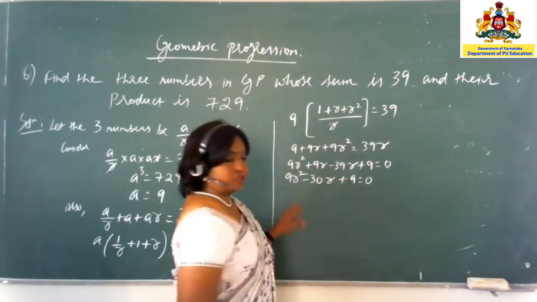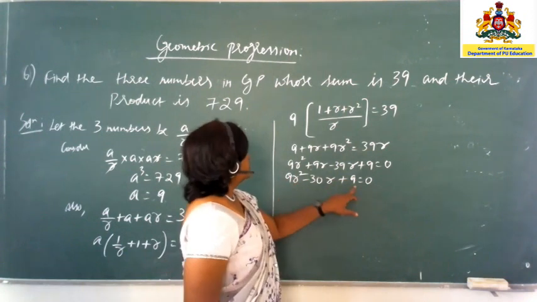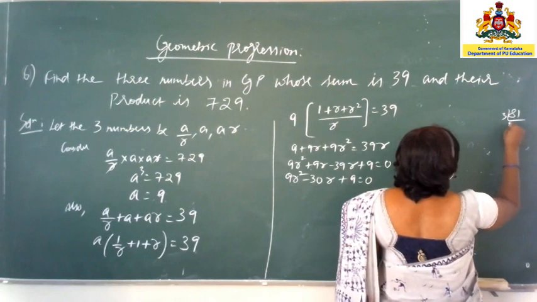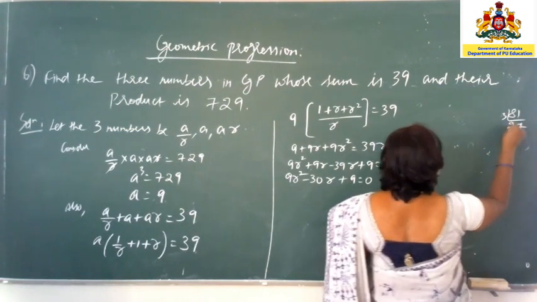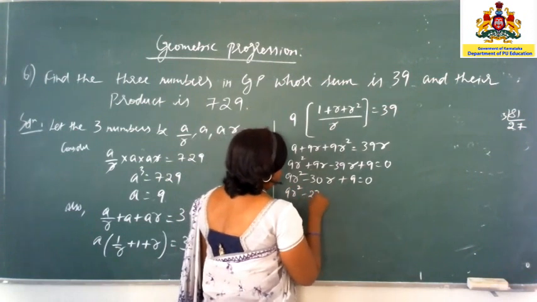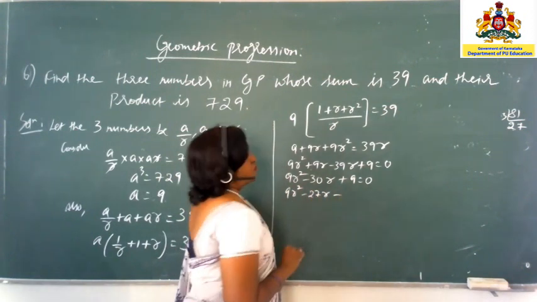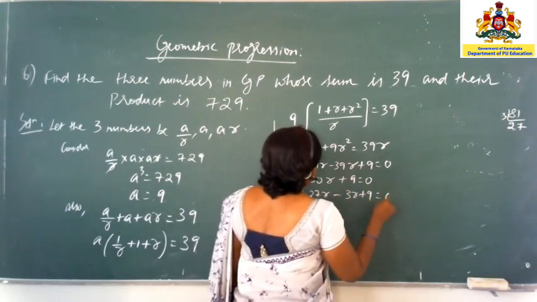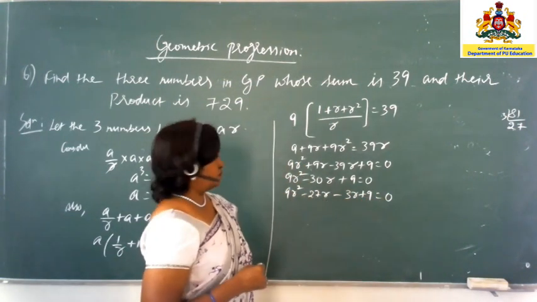So factorize this quadratic equation. So 9 into 9, 81. So 27, 3. So 9R square minus 27R minus 3R plus 9 is equal to 0.